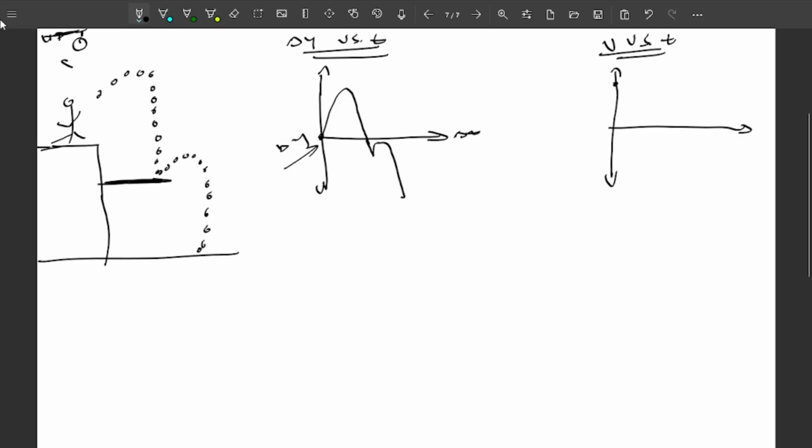Now, velocity goes down and down until it reaches its v at its maximum height, which is represented here, and then it goes down again until it hits the balcony and stops for some milliseconds, and then it goes up again. And voila, then you're done.